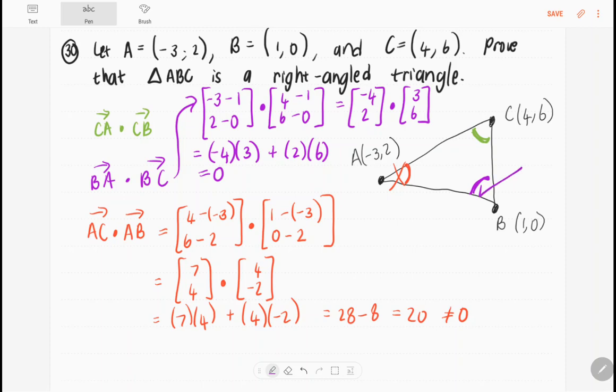Therefore, we know that one is a right angle. I'm not going to work out the remaining angle, but you can test that one and you'll see that it's also not a right angle.